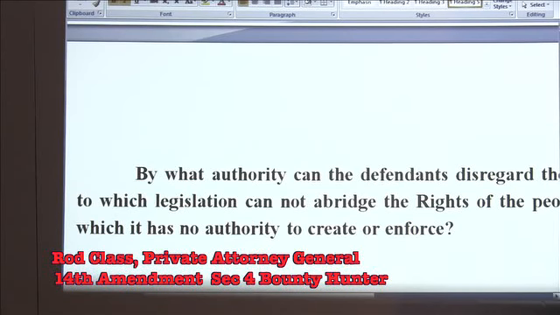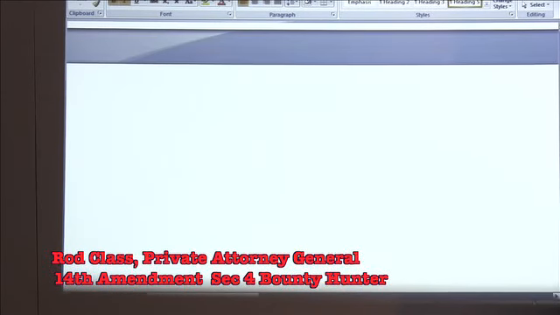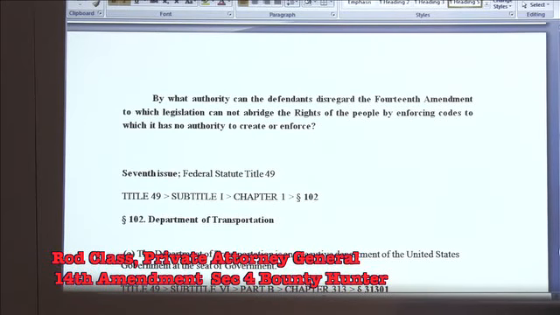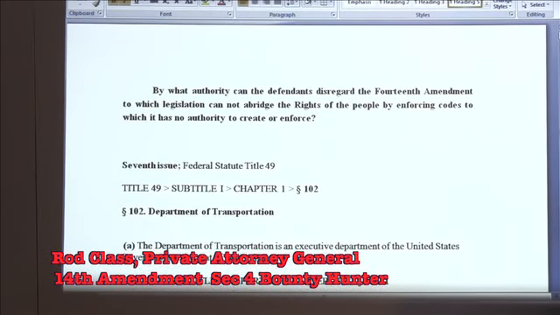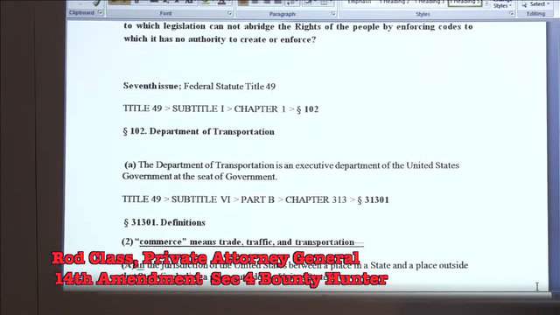Let me bring your attention to this. Title 49, United States Code, Subtitle 6, Part B, Chapter 313, Section 31301. Definition.